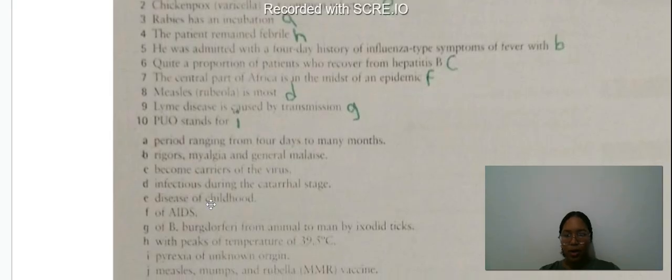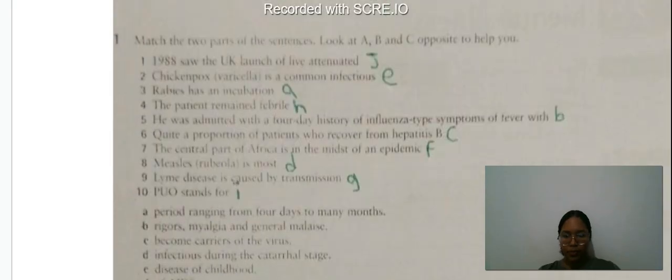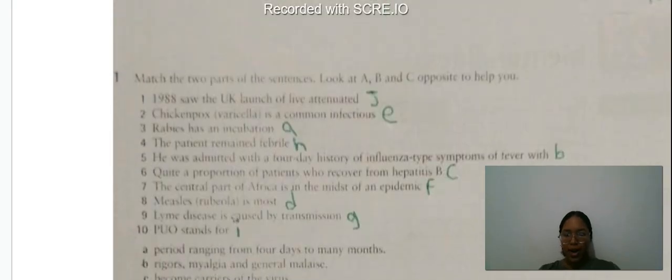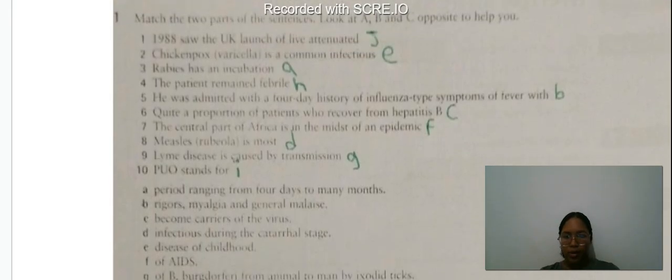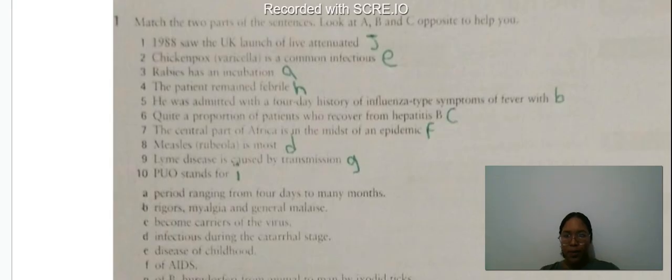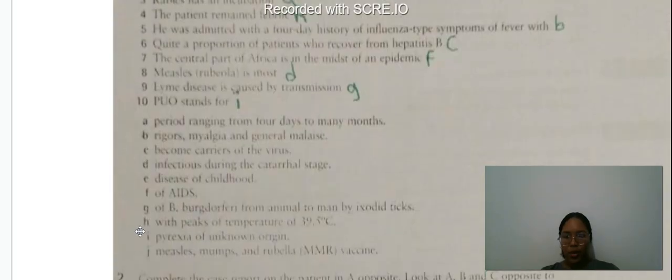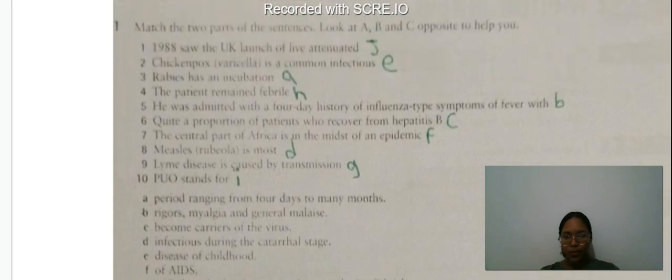E. Become carriers of the virus. 3. Rabies has an incubation period A. ranging from 4 days to many months. 4. The patient remains febrile with peaks of temperature of 39.5 Celsius. 5.